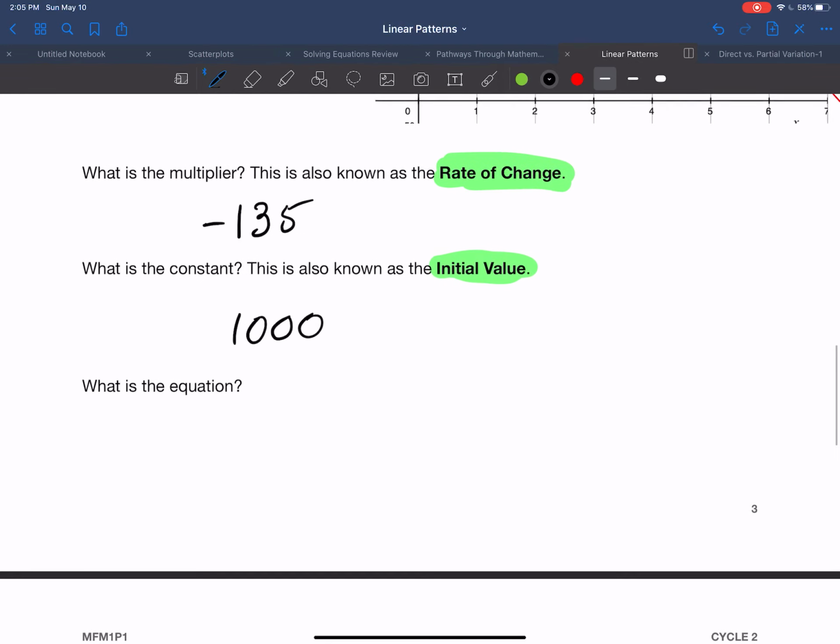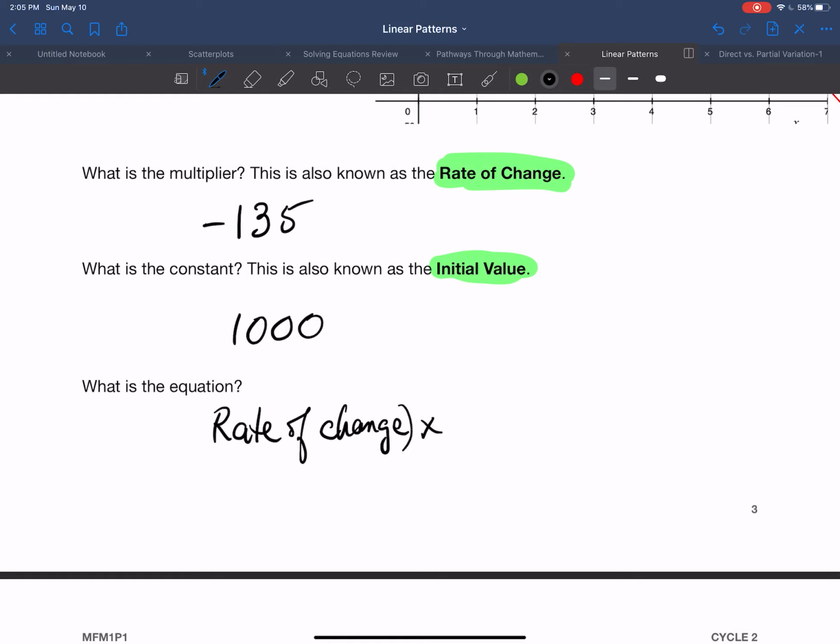So now when we're thinking of the equation, before I said the multiplier times the position number plus the constant. So now we're just going to change the terms here. We're going to say that rate of change times the position number, or whatever the thing is that we're talking about, but I'm going to say x.